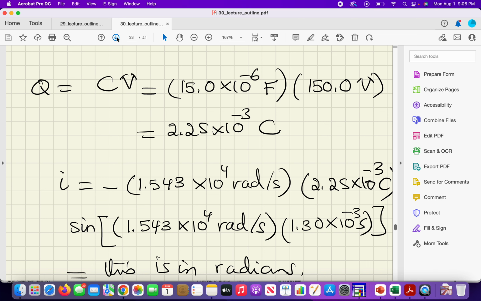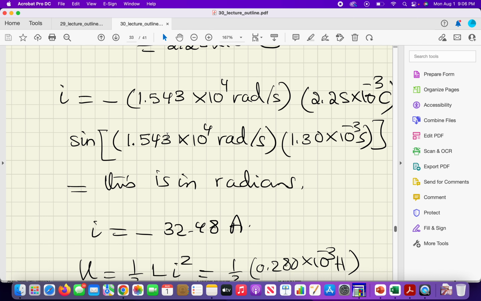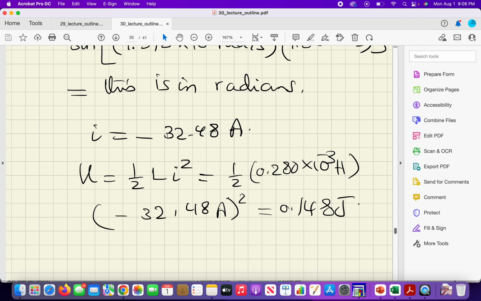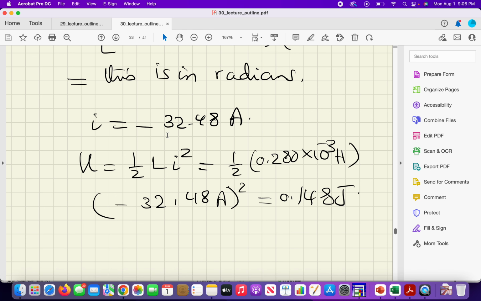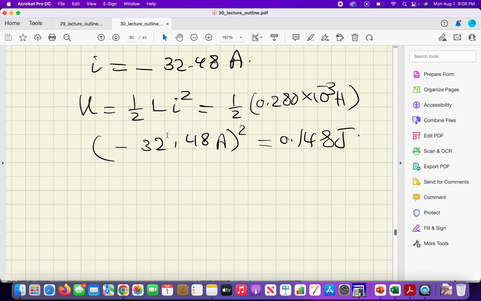The angle here, remember, is in radians, and then we can find the current. Finally I can calculate U as 1/2 L I squared, which is 0.148 joules.